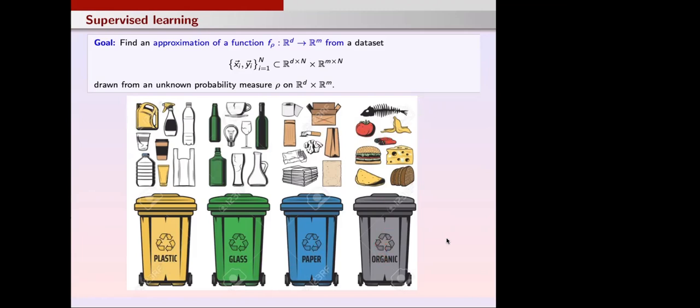And this is something that at home is not so difficult to do. Whenever you have to throw something in the garbage, you just check and say, this is paper. So if it is paper, I will put it in the blue container.